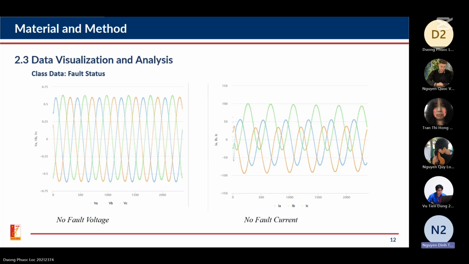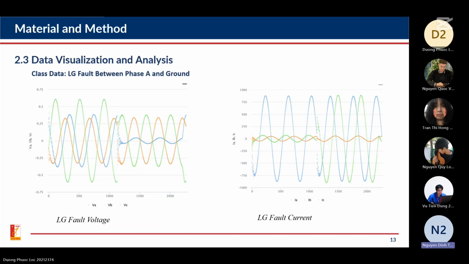In slide 12, we have the new fault classification data. About non-fault status, we have the graph of current and voltage, like sine functions that have equations and a rule. Slide 13 is the line to ground fault between phase A and ground.